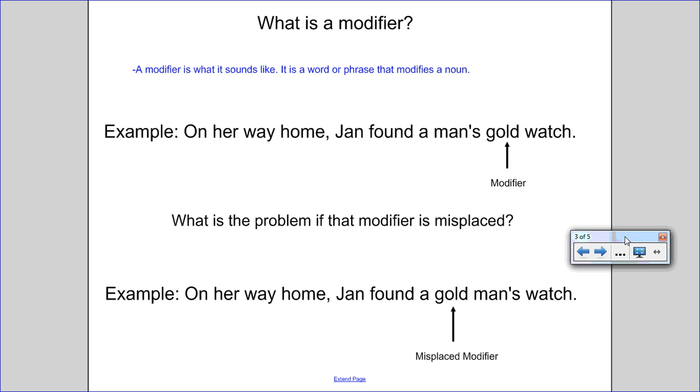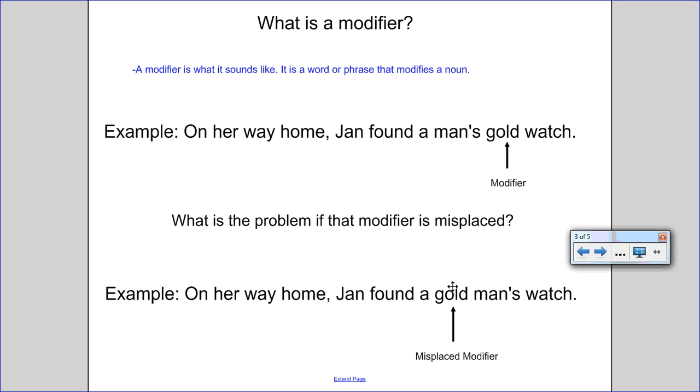Well, if the sentence was written in this way, on her way home, Jan found a gold man's watch. Because gold comes before the noun man, it is attached to the word man, and hence the information that is being relayed to the reader is that the man is in fact what is gold rather than the watch being gold.